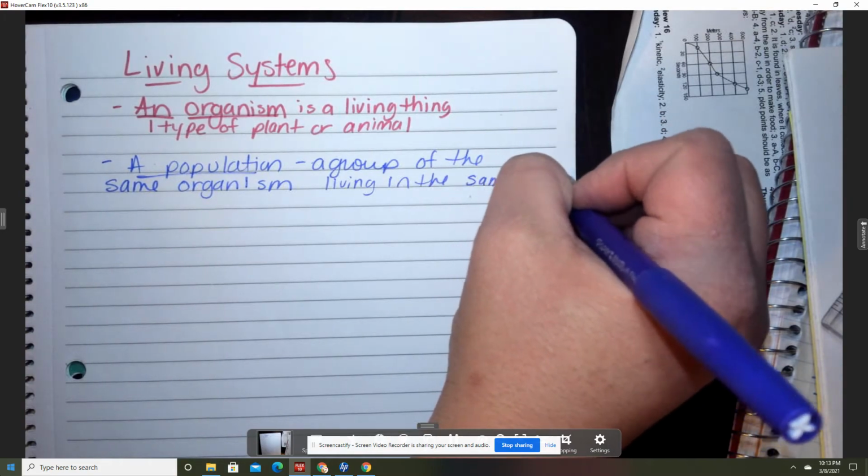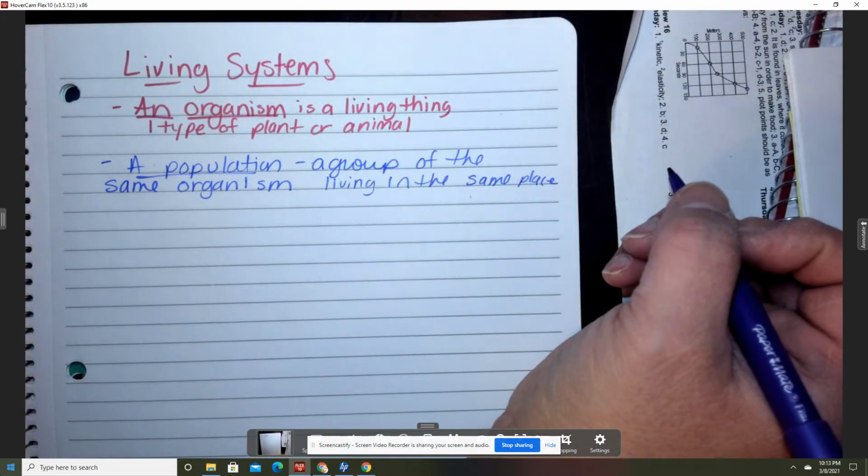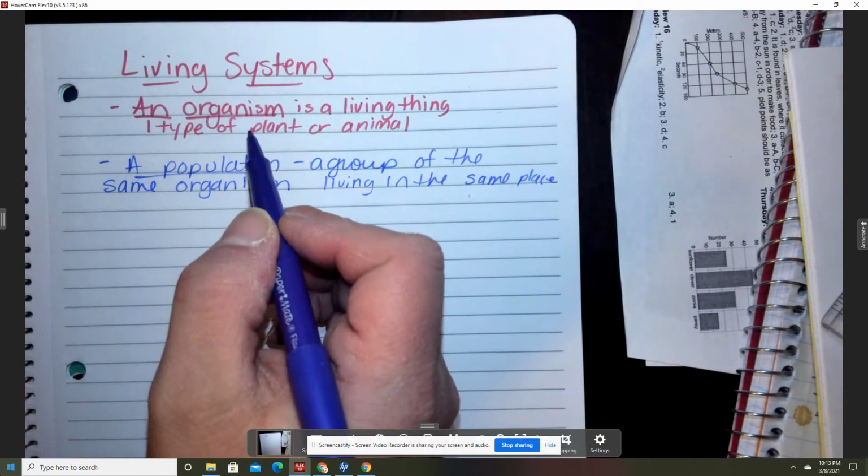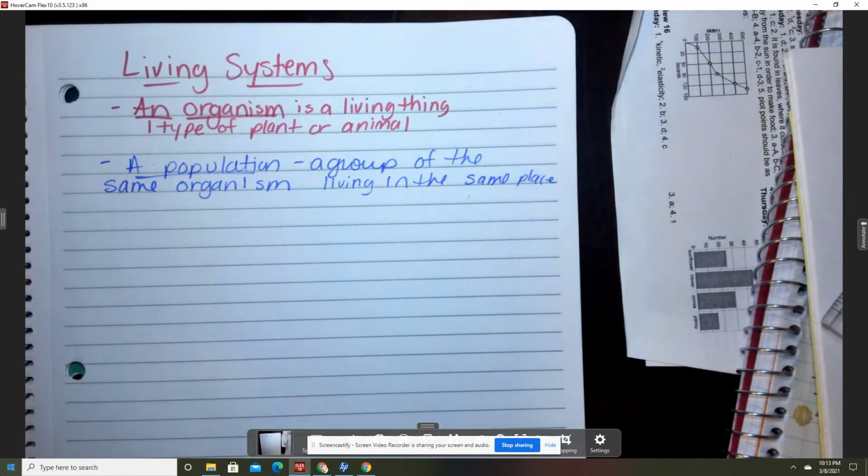So if you think about it, one deer is an organism, and then a population of deer is like a group of deer. Okay.